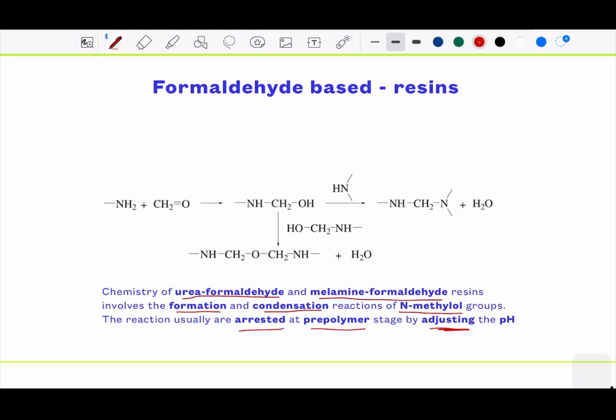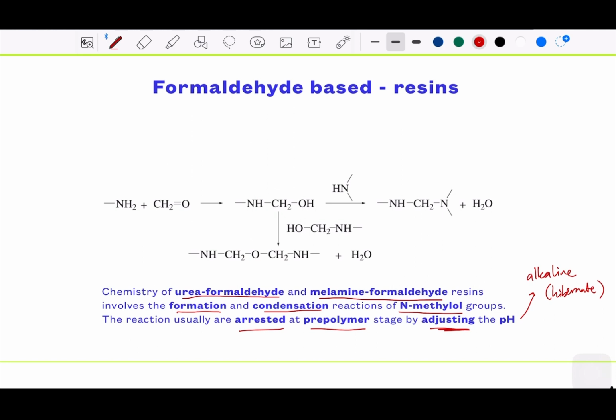So if we want to make syrup, we are going to take the pH as slightly alkaline. This is hibernate or arrested.